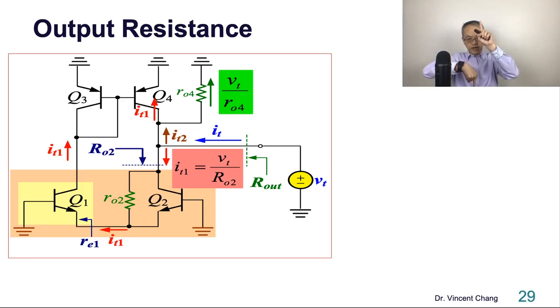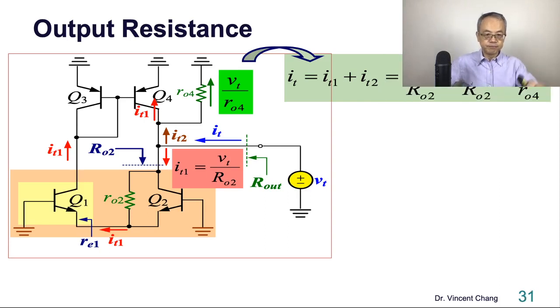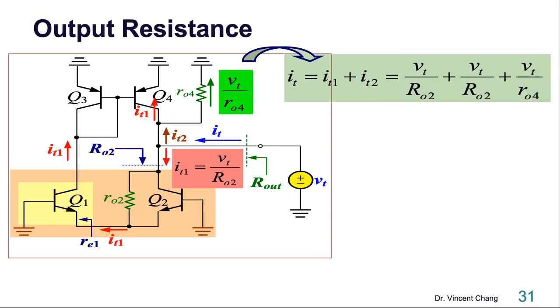IE1 going down, IE2 going up. So now we are almost done with this. You can replace IE1 with VT divided by capital R2. And then IE1 and the green current.